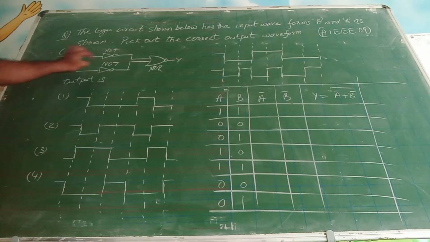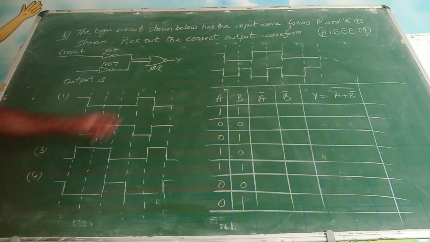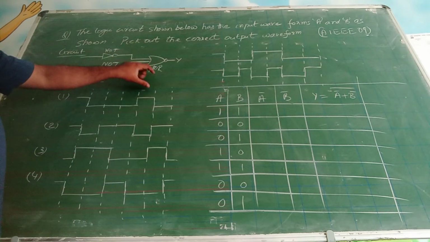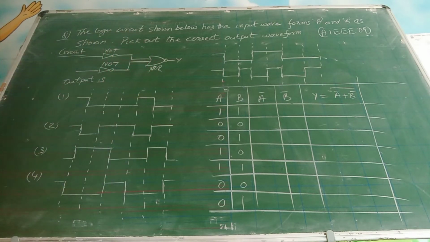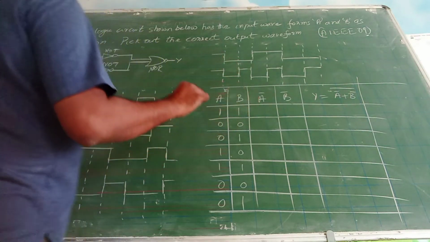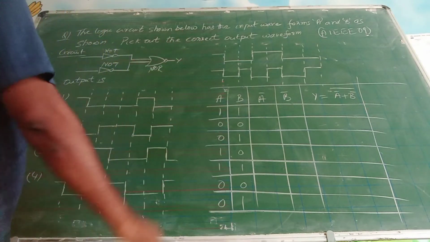You give 1, it makes it 0. For a NOR gate, you first find what an OR gate does. An OR gate picks either of these two, whichever is 1, and NOR will simply reverse it. So what we need to do is form a table and write the values.